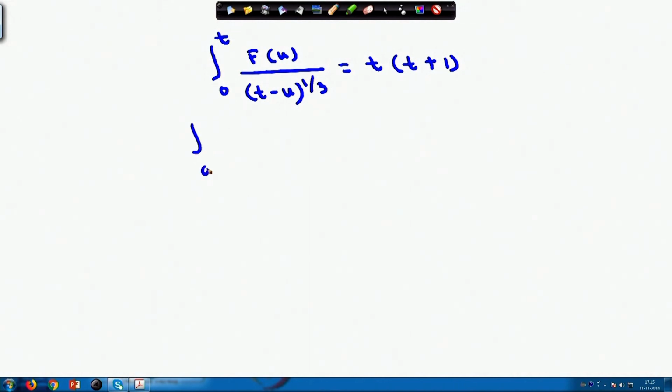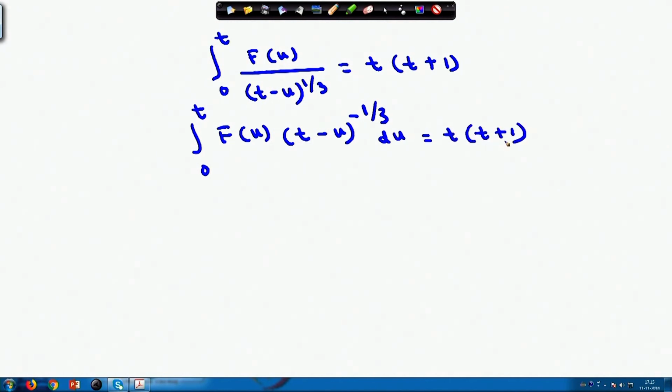So I can write it as ∫₀ᵗ f(u)(t − u)^(−1/3) du = t(t + 1). Once I write this, it is nothing but the convolution case. So this will be f(t) convolution t^(−1/3), where the function has the power −1/3.